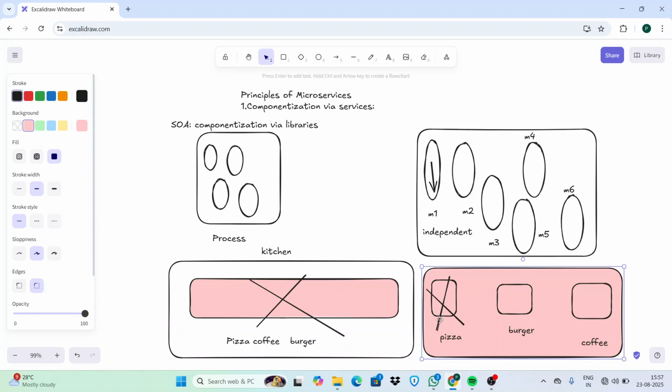So this is the componentization via services, and this concept is an example of componentization via libraries.